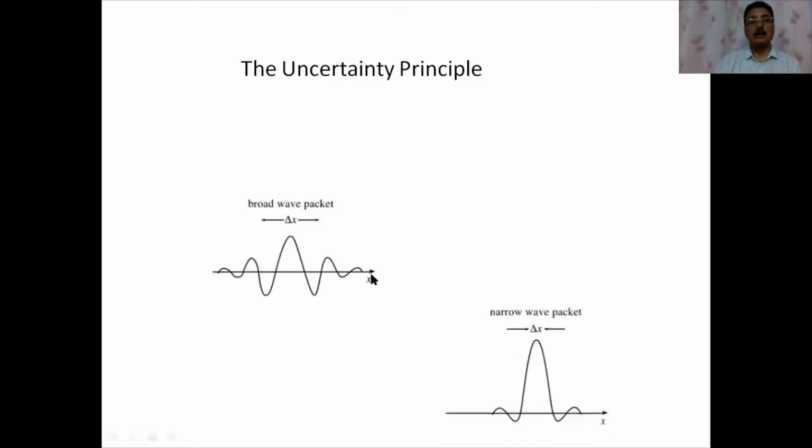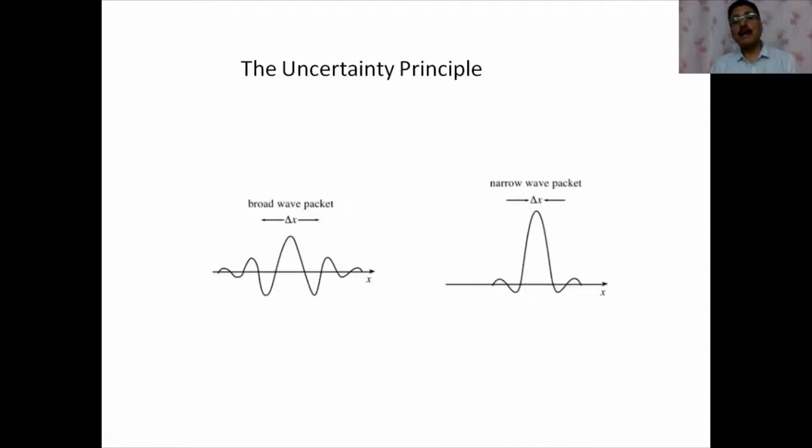But if we have a narrow wave packet like this, then finding the wavelength becomes tough, but the determination of the location of the particle becomes easier to establish over here. So an uncertainty is introduced.